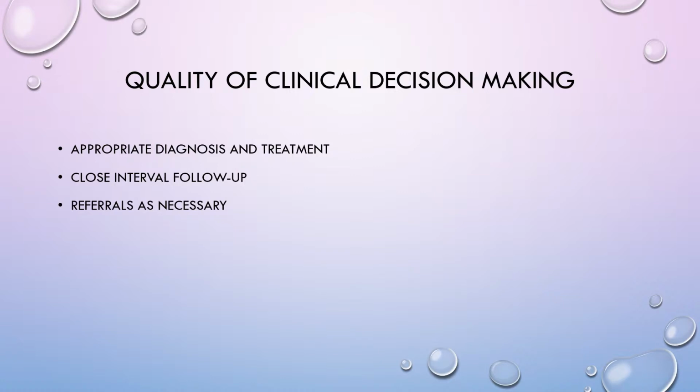Was it timely? Is there a close interval follow-up for this patient? Interval follow-up needs to be close for high-risk patients and chronic conditions. Were there appropriate referrals to specialty providers as necessary? These are all part of quality clinical decision making that the nurse practitioner is assessed from.